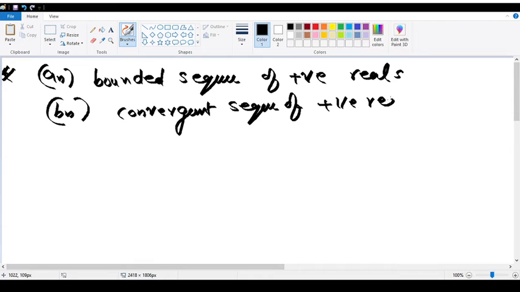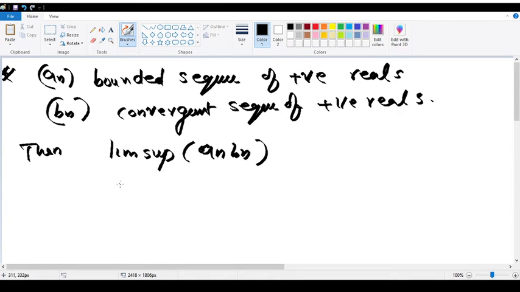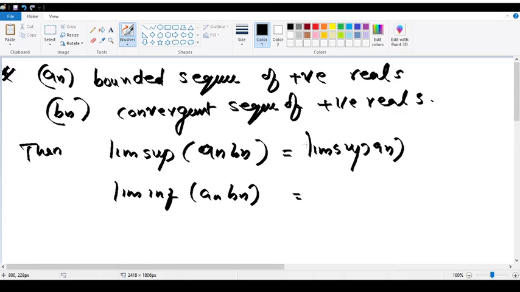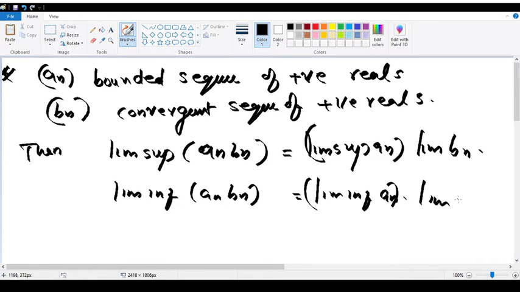Then what is the limit sup of an bn, and what is the limit inf of an bn? Limit sup of an bn is limit sup of an into limit of bn, and limit inf of an bn is limit inf of an into limit of bn. Okay?